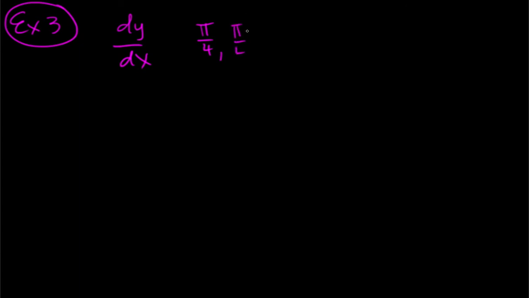Okay. Moving on to example 3. Okay, it says calculate dy over dx at the point pi fourths, pi fourths, on this curve.